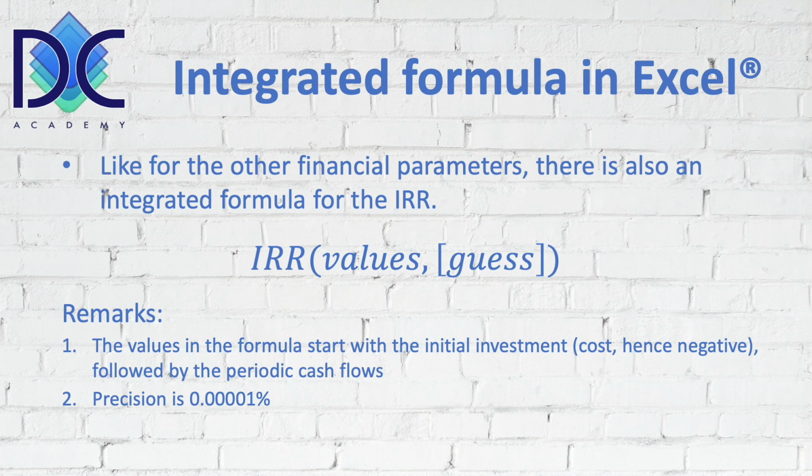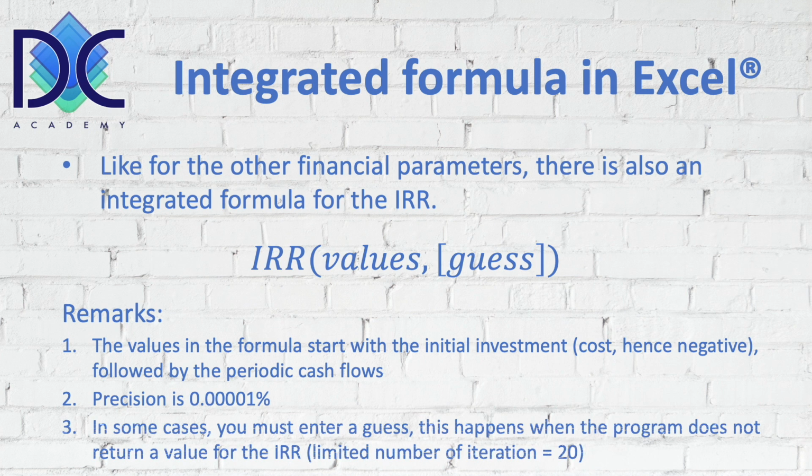The second thing is that the calculations in Excel go up to 0.00001%. So the iterations that Excel is doing will stop when the difference is equal to this percentage. Now, there is some possibility that something doesn't work the way it should.